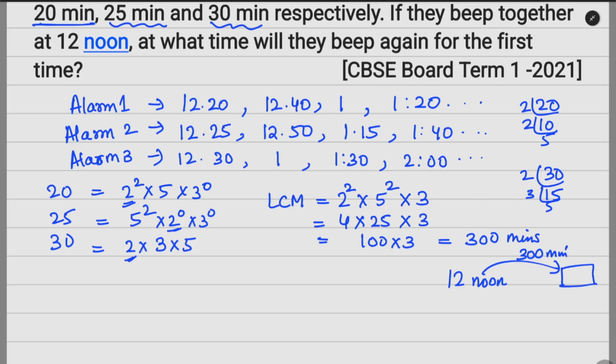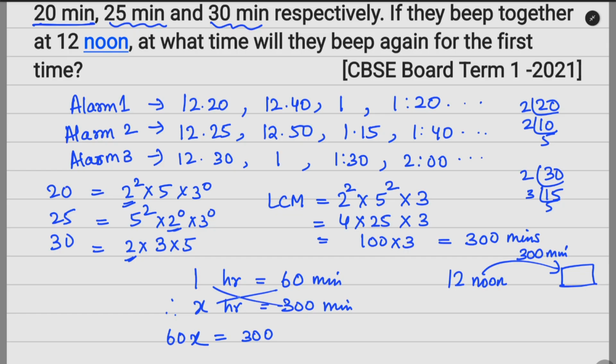1 hour is nothing but 60 minutes. Therefore, how many hours will be 300 minutes? Just cross multiply. 60X equal to 300.